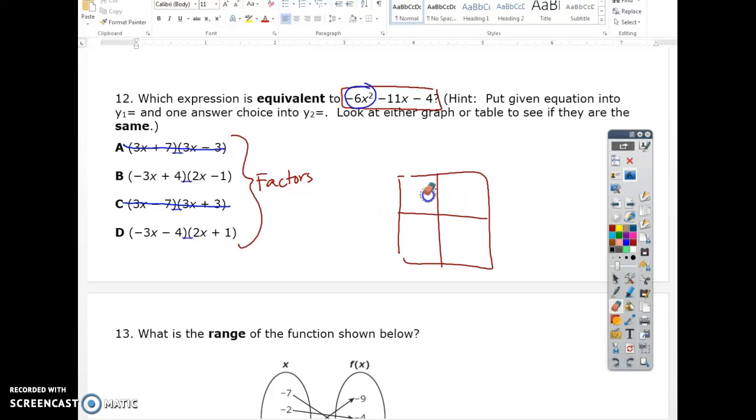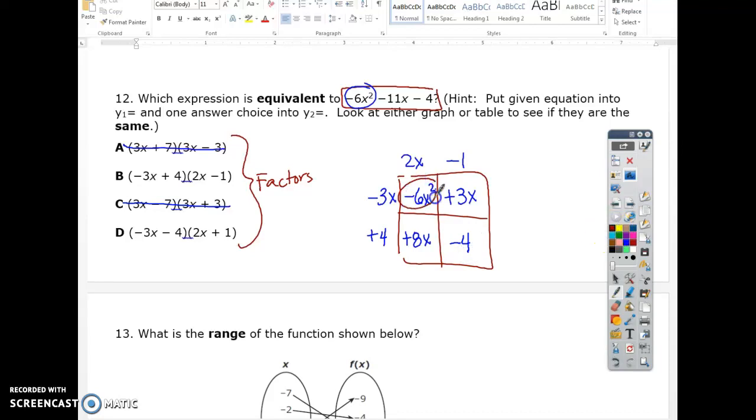Let's do letter B. Negative 3x plus 4 times 2x minus 1. These two, when you multiply them, gives you a negative 6x squared. Negative 3x times negative 1 is a positive 3x. 2x times 4 is a positive 8x. And 4 times negative 1 is a negative 4.